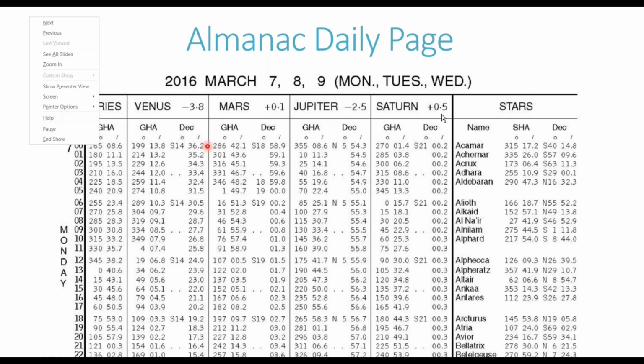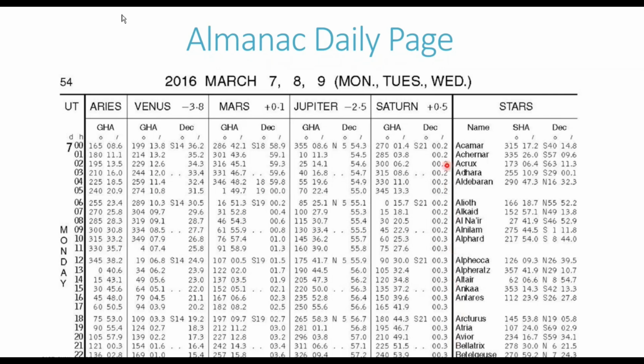Okay, let's move ahead now. So you have the GHA and declination mentioned for all the planets. Then you come to the column on the right hand side. This is the column for stars. You see a list of all the stars mentioned here.